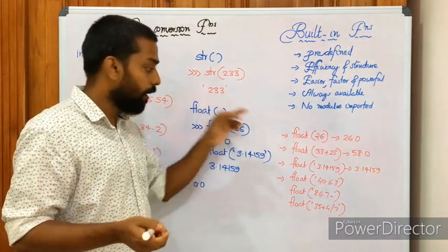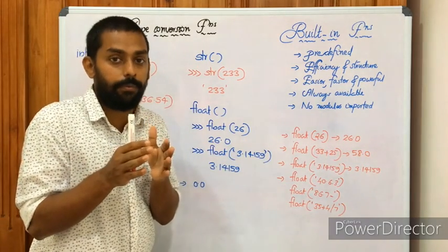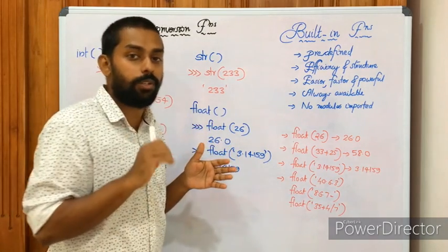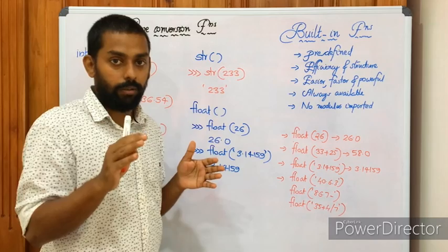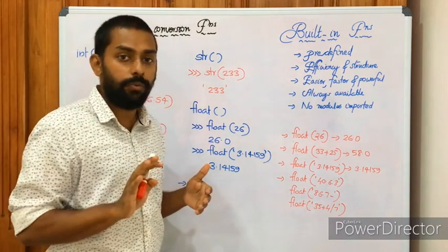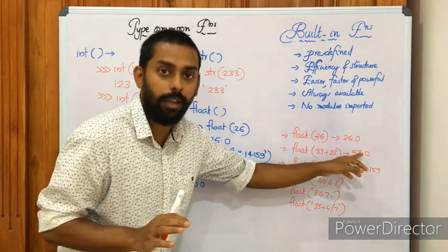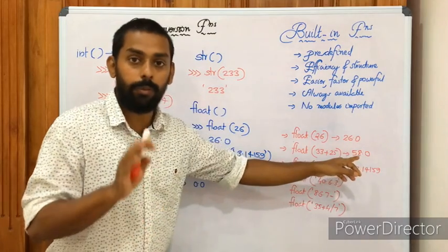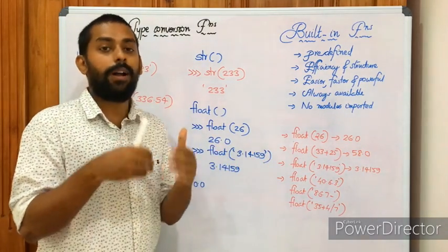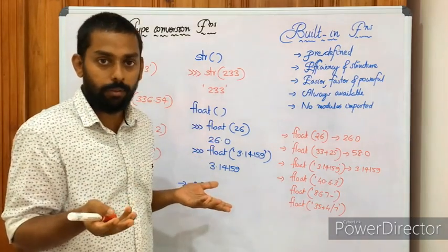We have already seen it. Then float of 33 plus 25. We know that is an expression. When we pass an expression to the float function, it will be evaluated and converted to a floating point value. So 33 plus 25 is 58, and 58.0 will be the result. Meaning when we pass a numeric expression, it will be evaluated and converted to floating type.